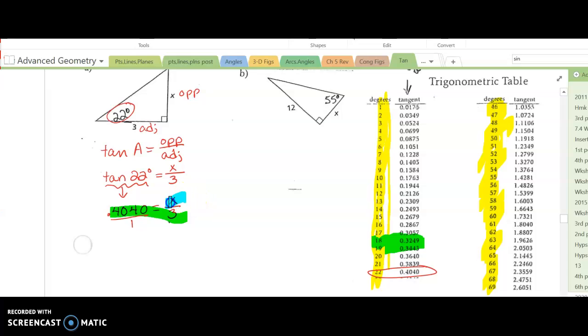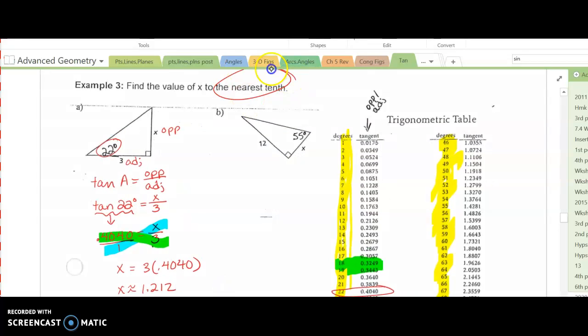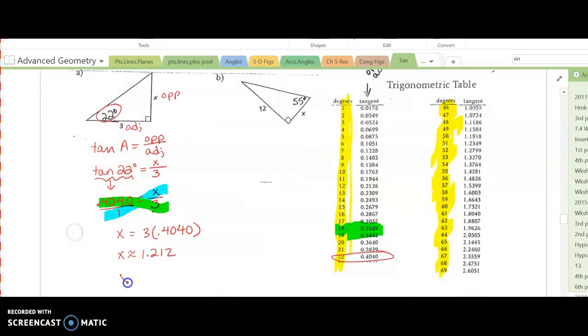I'm going to cross multiply just because it works every single time. So x times 1 is x. 3 times 0.4040 gives us 1.212, and then I think we were supposed to give our answer to the nearest tenth, so 1.2 is our answer.